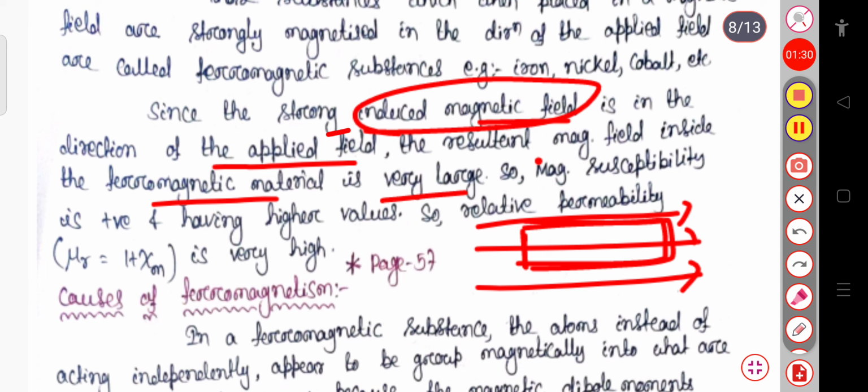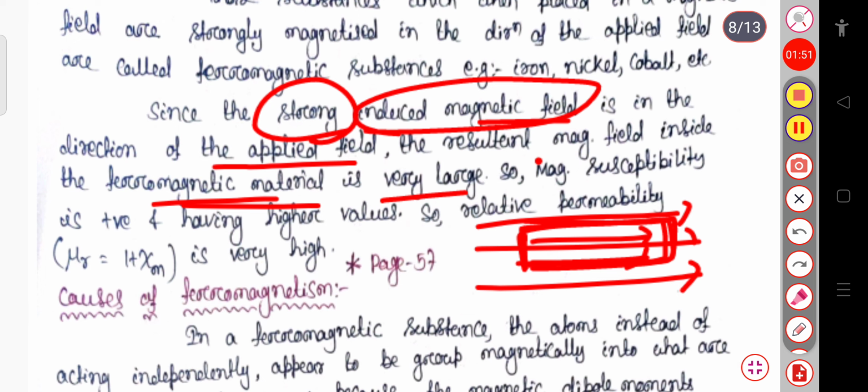But since a strong induced magnetic field is developed in the direction of the field, the resultant magnetic field inside that ferromagnetic material is very large.